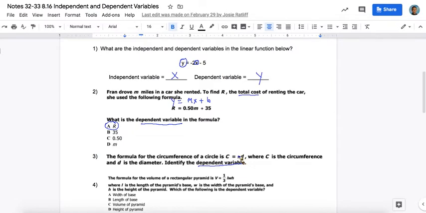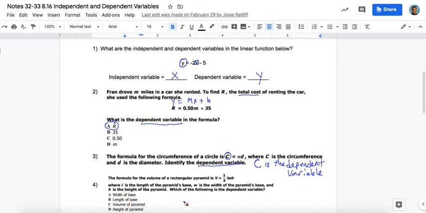So it's really 3.14d. So the dependent variable is going to be the circumference. So c is the dependent variable, because you're multiplying the diameter by pi, and that's going to give you the circumference. So that's what the equation equals.